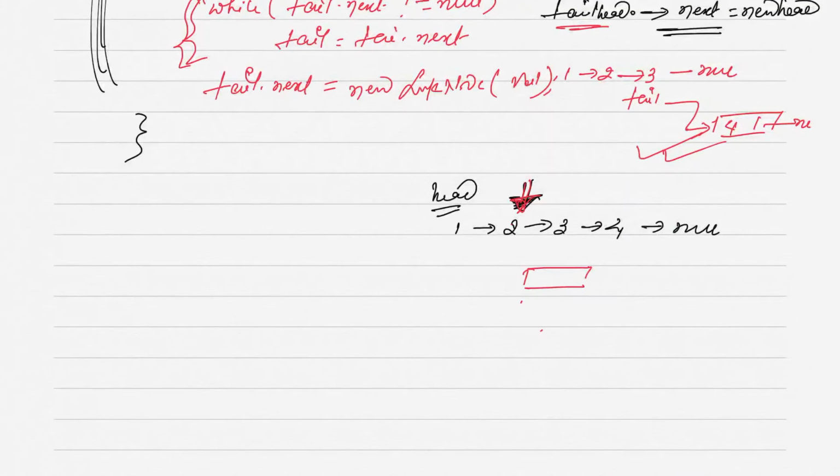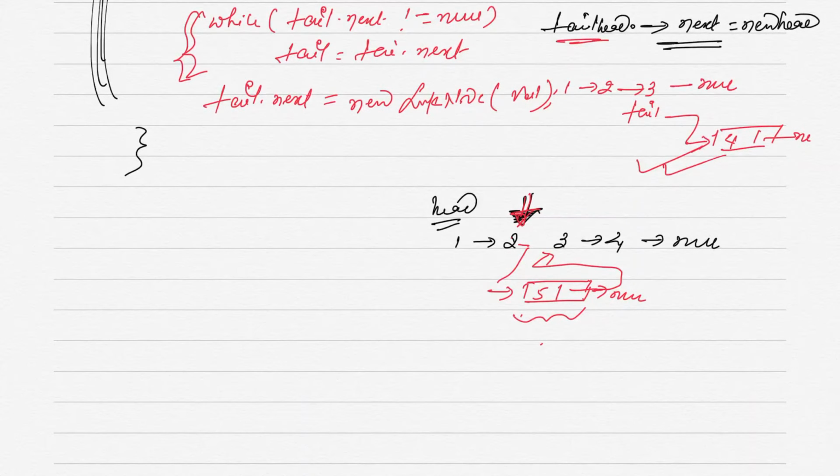This is the new node, right? 5, and right now it's pointing to null. So I will ask the second node to point here, and I will ask this node to point here. So this line will go away. This is how we can insert at any specific location.